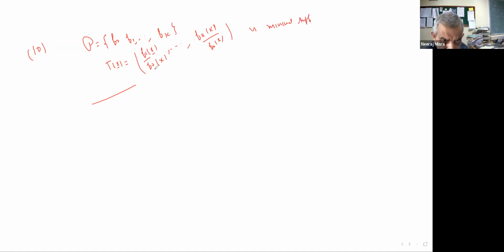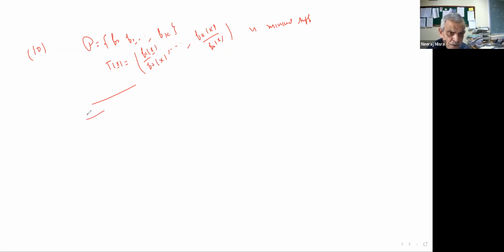Note that this is well defined because all of them have the same support. So F1 by F0 would be almost surely, with respect to these measures, well defined, right? Because F0 would be defined in the support of the whole of P because they all have the same support. So it is well defined, right?